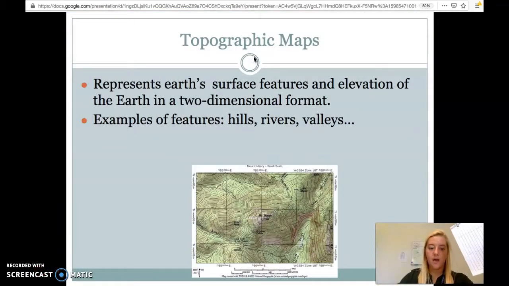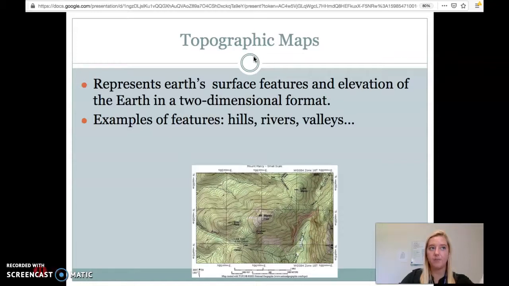So topographic maps represent the Earth's surface features and elevations of the Earth in a two-dimensional format. Examples of these features are hills, rivers, valleys, mountains, all that good stuff. It can show lakes, it can show oceans if we're in the right area. Just like when we talked about our latitude and longitude yesterday, the globe is a 3D representation.